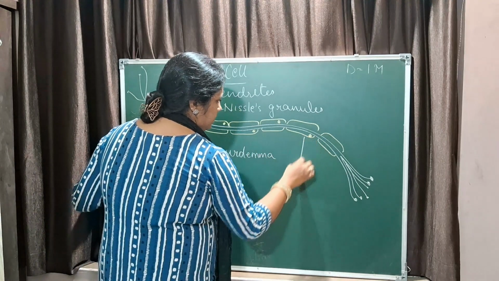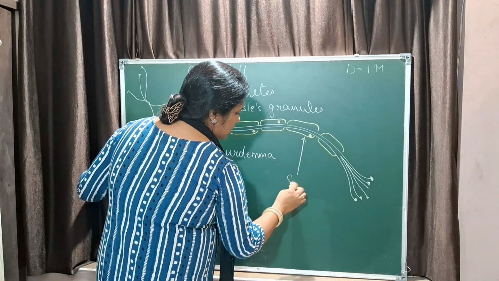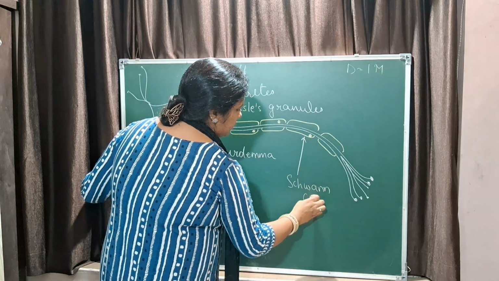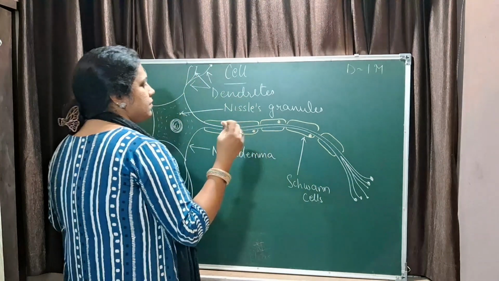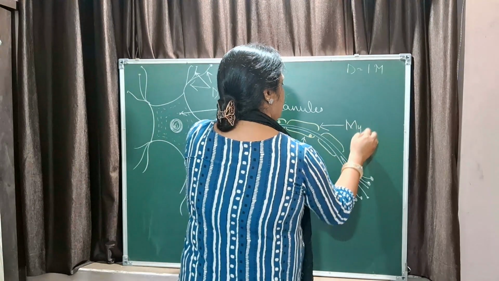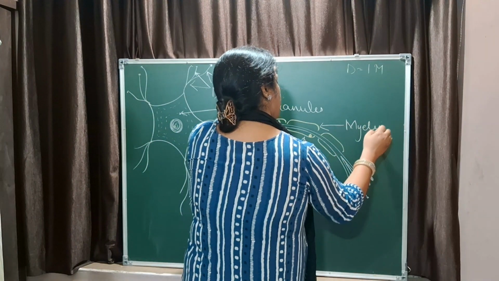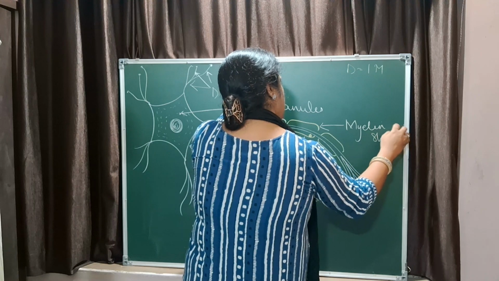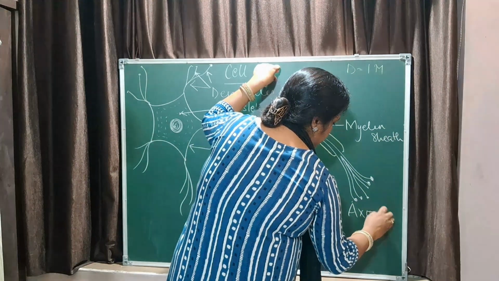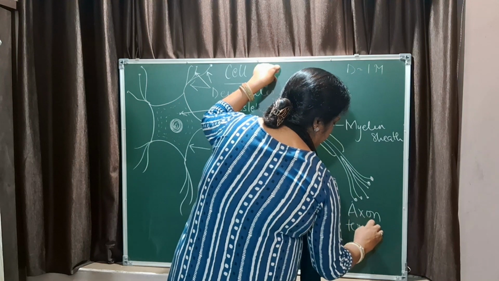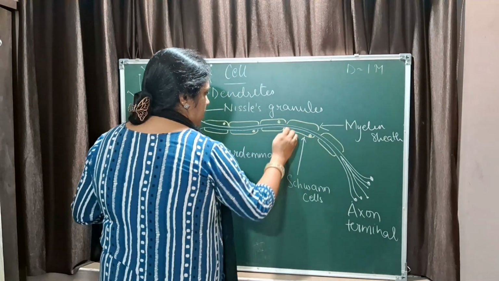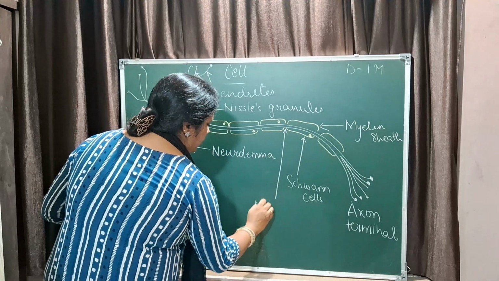This is the Schwann cells. This is called the myelin sheath. Myelin sheath. This is the axon terminal. This gap is called the node of Ranvier.